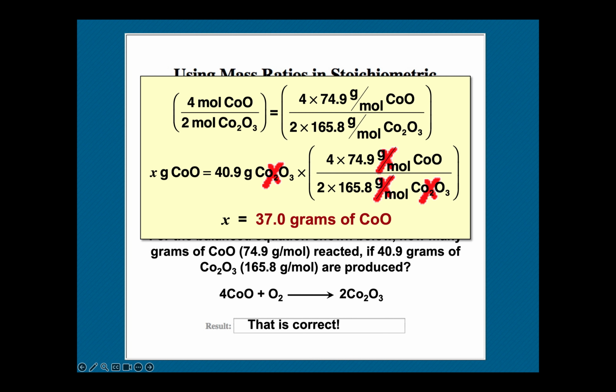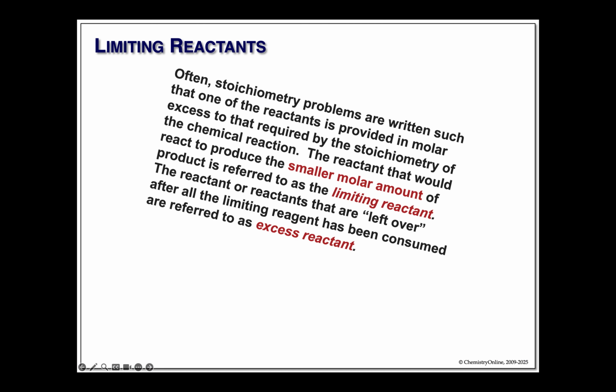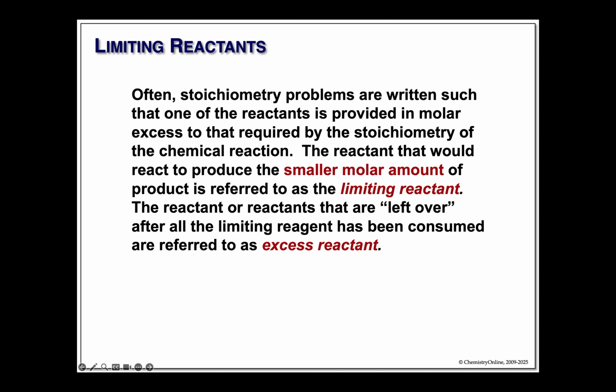All right. The next topic is called limiting reactants. In limiting reactants, in order to do the problem quantitatively, you're going to do the same thing we've been doing over and over again, except you do it twice.